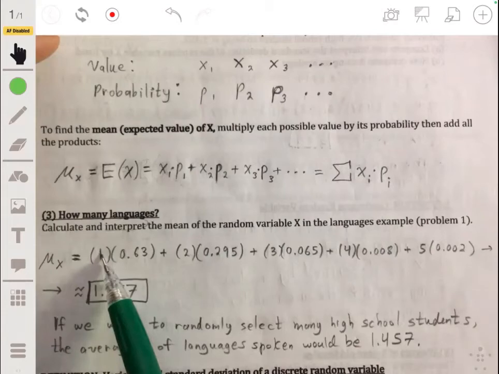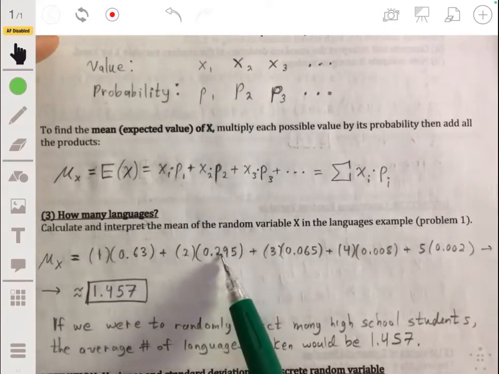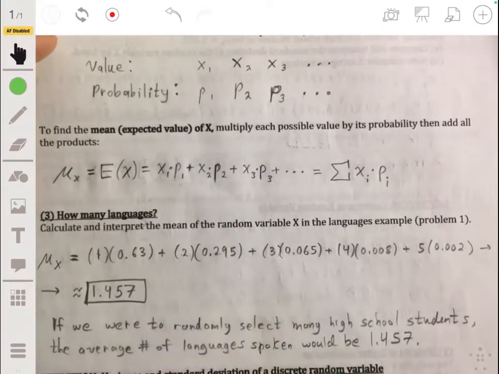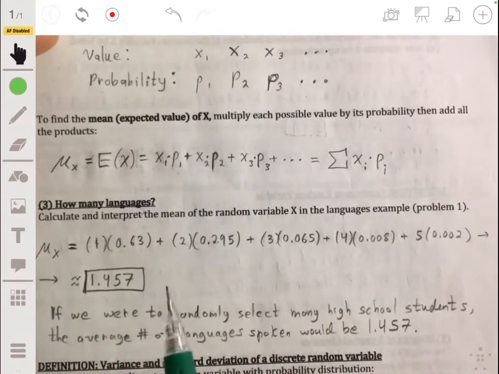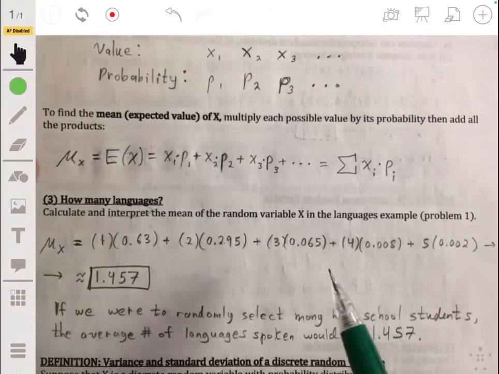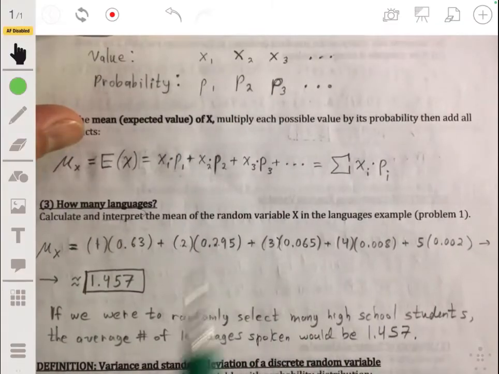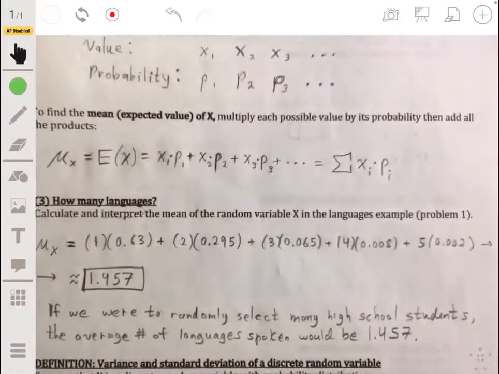So one language times the probability of speaking one language, plus 2 times the probability of speaking 2 languages, plus 3 times the probability of speaking 3 languages. Add them all up, and you're gonna get 1.457. So we say that if we were to randomly select many high school students, the average number of languages spoken would be about 1.457. Make a note that this value doesn't have to actually be one of the discrete values in the set of data. It could be a decimal, that's fine.